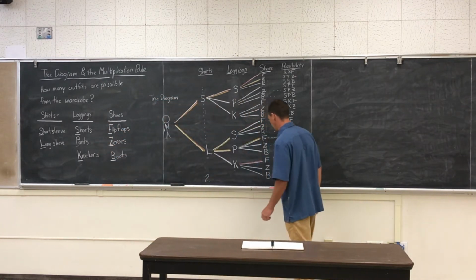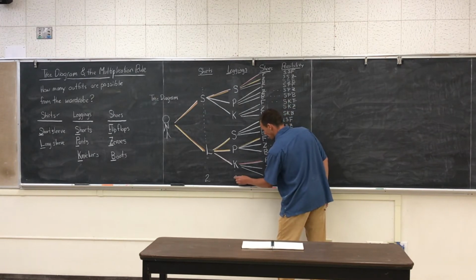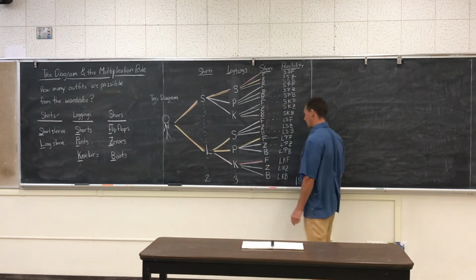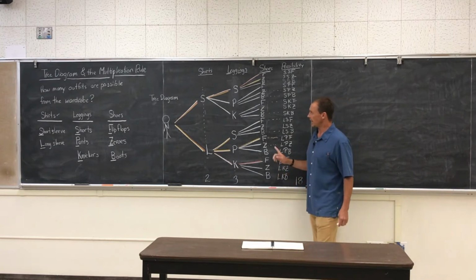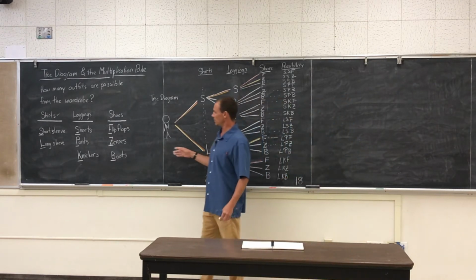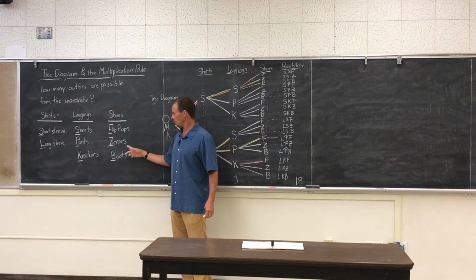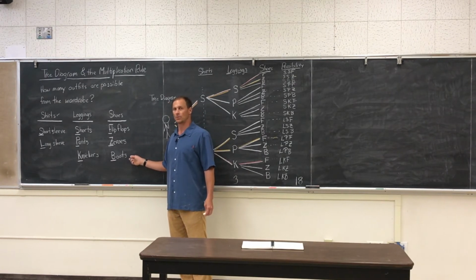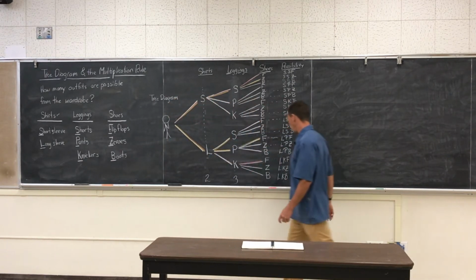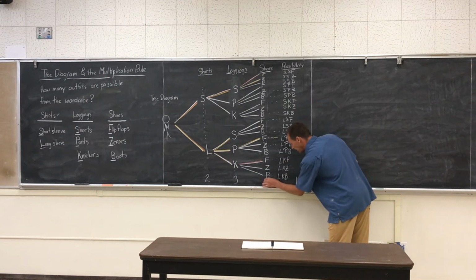So I'm going to put a 3 down here. And finally, the last category, my footwear or my shoes, notice there's again 1, 2, 3 different things to choose from in that category. So let's put a 3 right here.